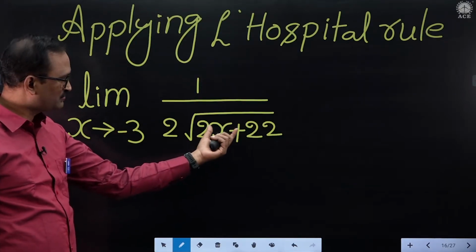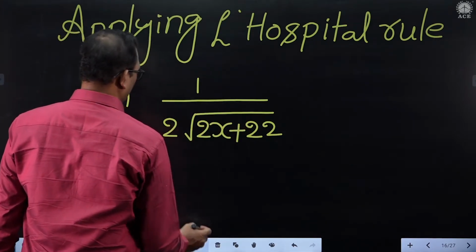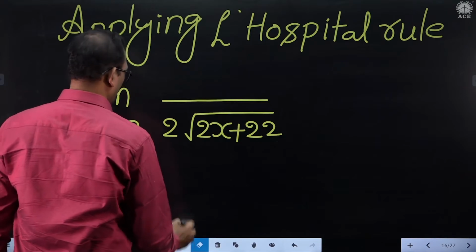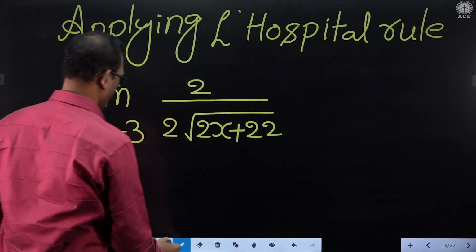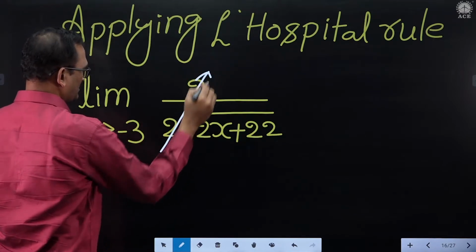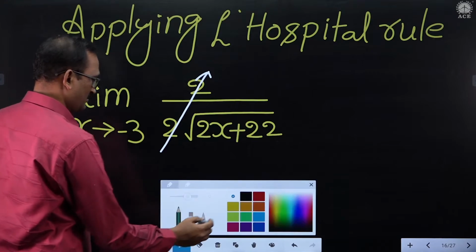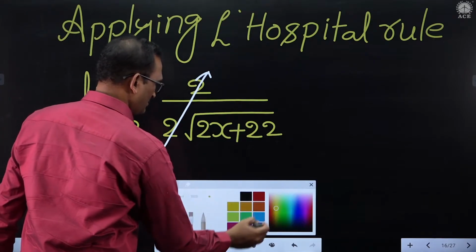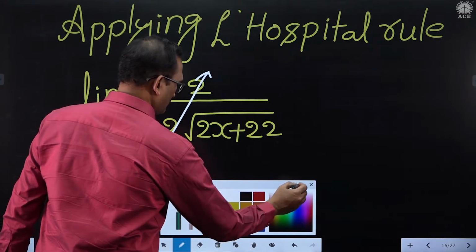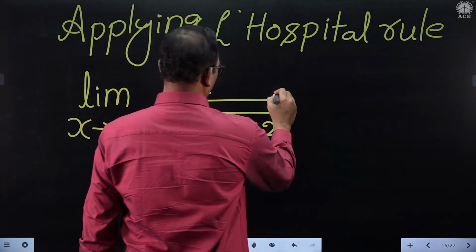Moreover, here the derivative of 2x plus 22 with respect to x is 2, and these two cancel each other. Now take x is equal to minus 3.